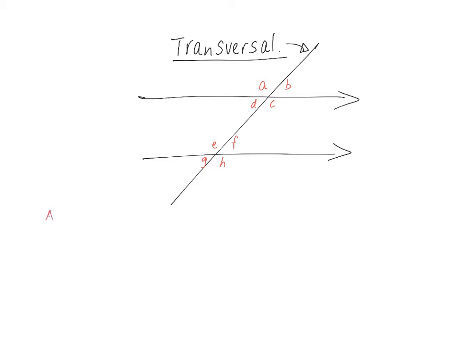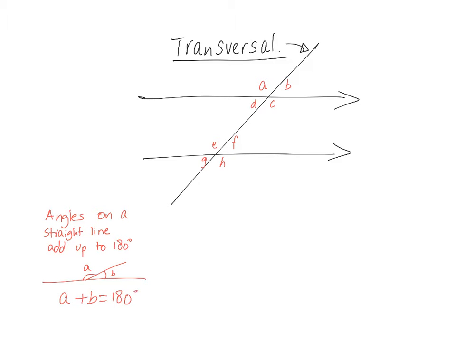So we know angles on a straight line add up to 180 degrees. So let's say B and A in the diagram. A plus B is 180. If you know one value, you can determine the other one.